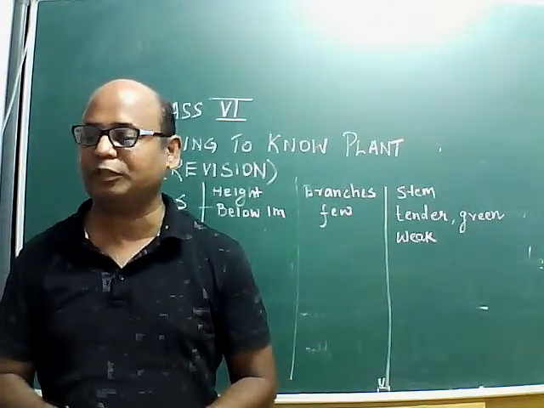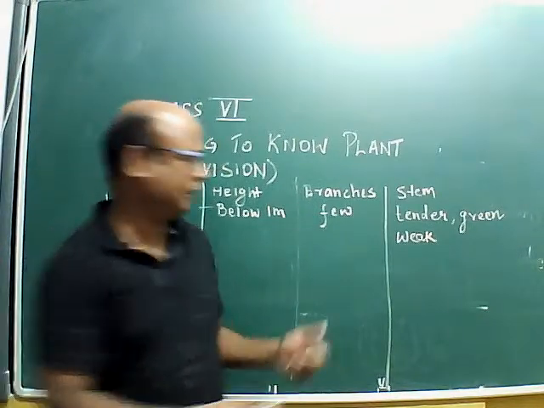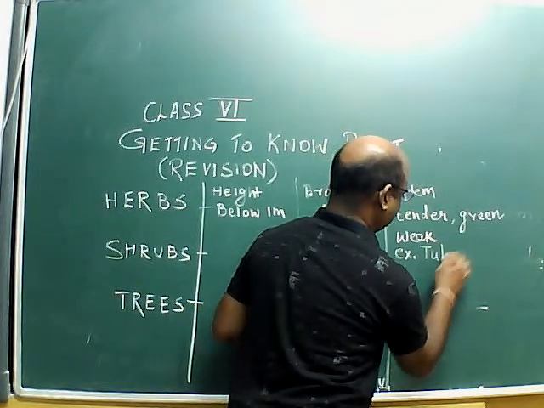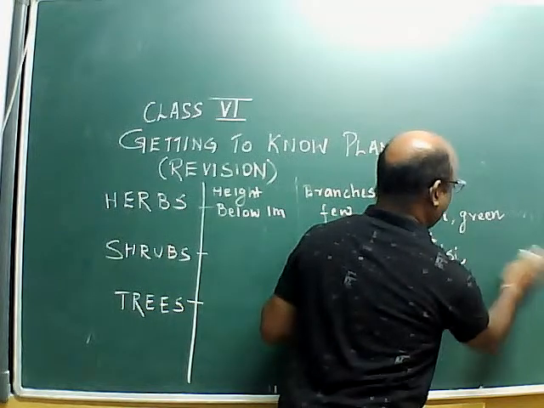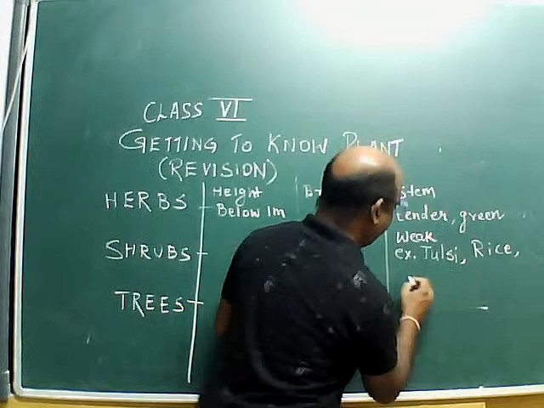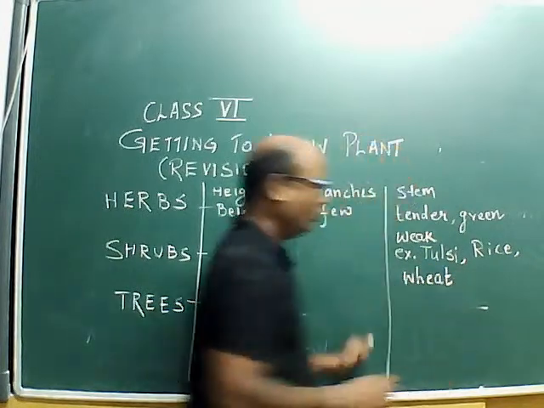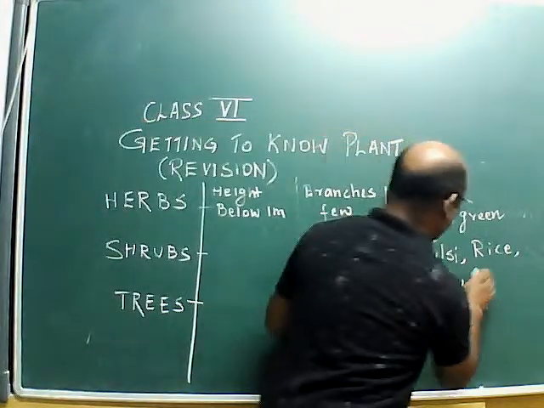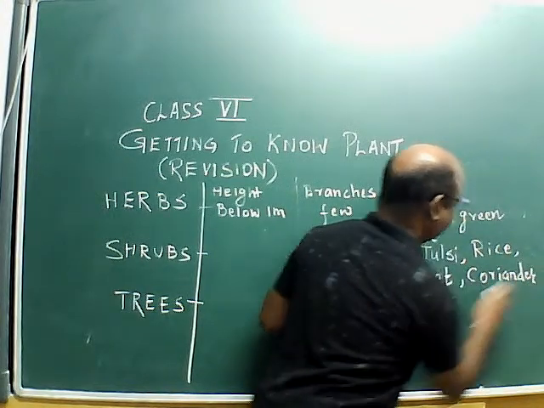Can you give some example of herbs? Very simple: tulsi, then cabbage, rice, paddy, wheat. All these are the examples of herbs. For example, coriander, mint.